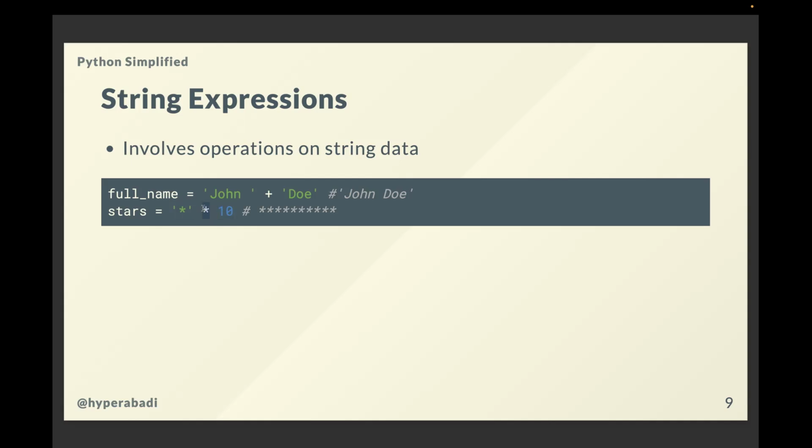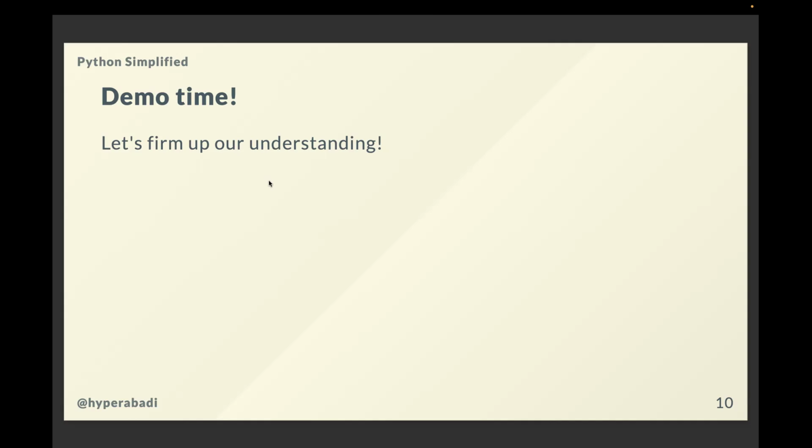If the left hand side is a string and the right hand side is an integer, think of it as a repeat. Whatever you give here, it's going to repeat that many times. So here in this case, 10.